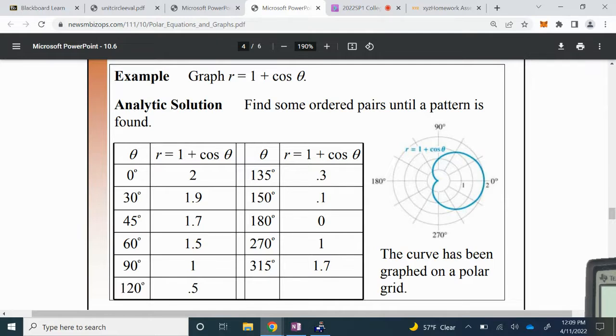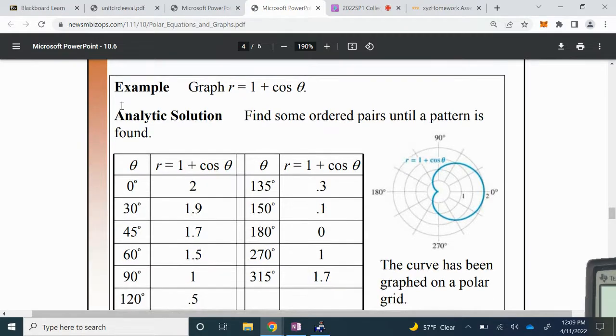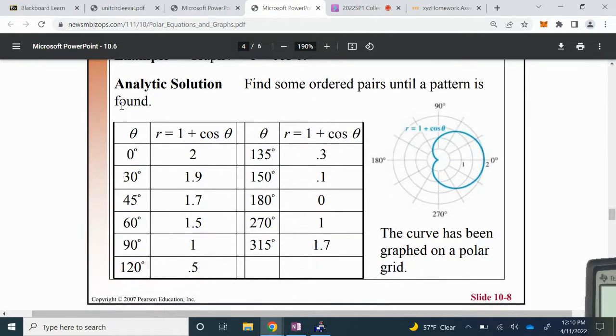For polar coordinates, we have r and we have theta. Theta is our angle measure, and theta comes from the unit circle: 0 degrees, 30 degrees, 45, and so on. r is our polar equation, so r in this case is equal to 1 plus the cosine of theta. So instead of an x and y chart, we have a theta and r chart. We simply plug in the degree from the unit circle and it corresponds to a value r, and that polar point is plotted.